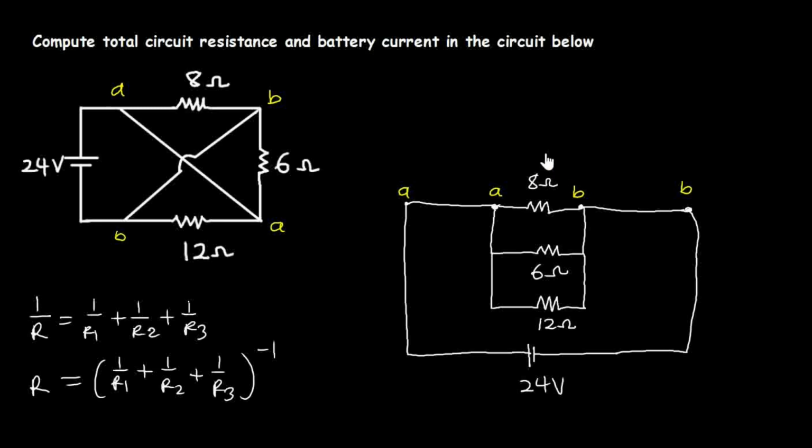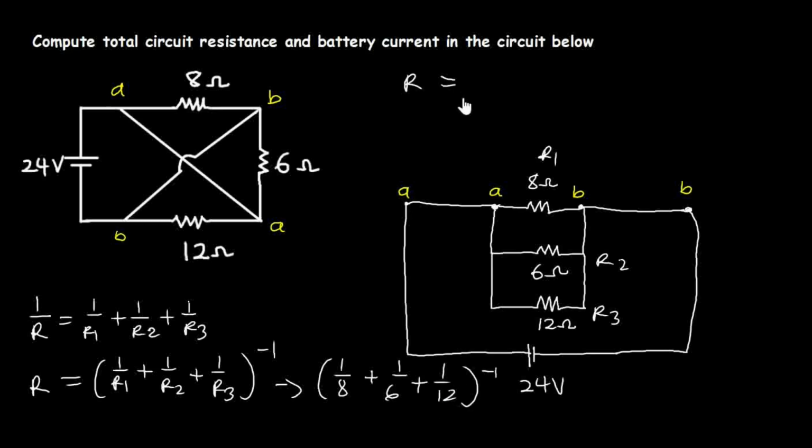I make this R1, this R2, and this will be R3. So that will be equal to 1 over 8 plus 1 over 6 plus 1 over 12, to the power of negative 1.